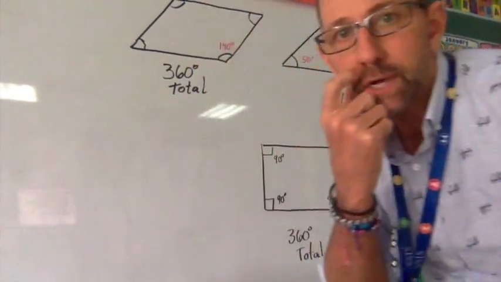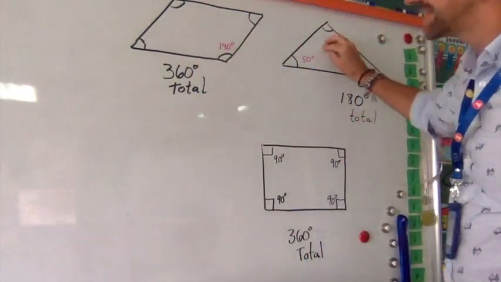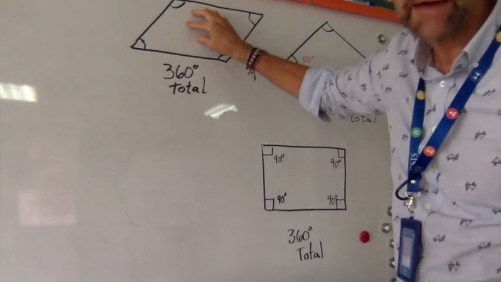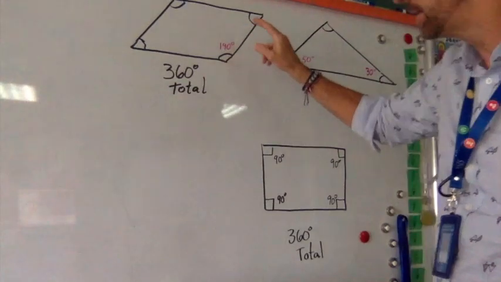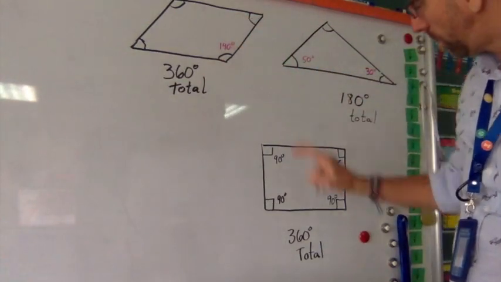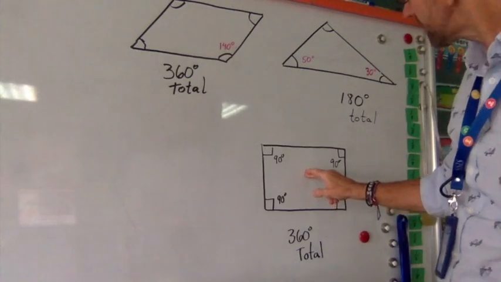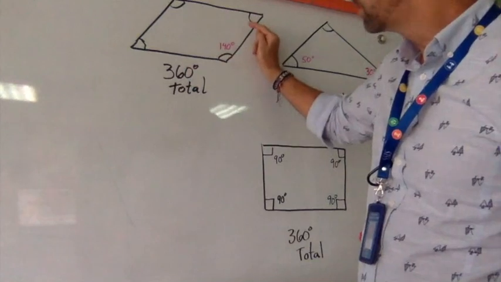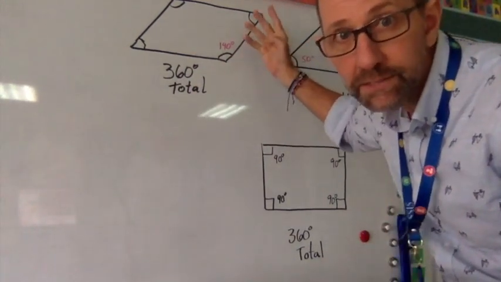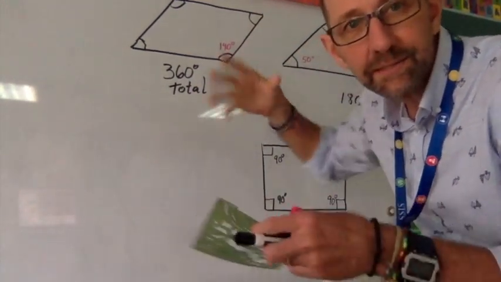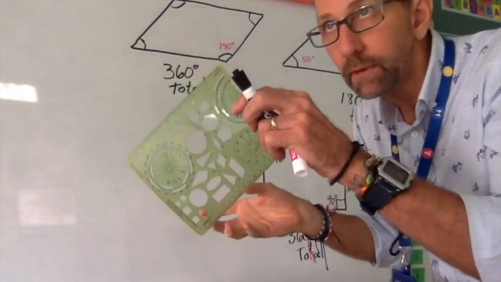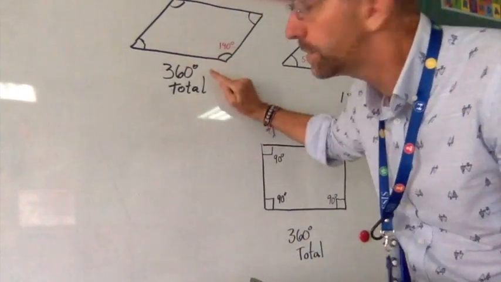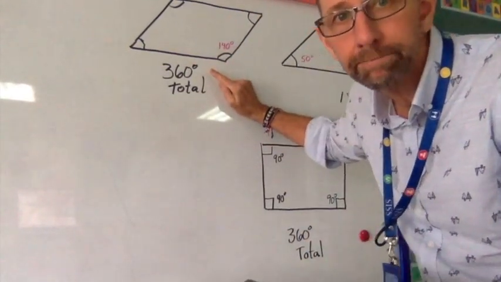And what we're going to do is we're going to talk about, this time, angles inside of a shape, inside of a triangle, or inside of a quadrilateral with something with 4 sides, like this parallelogram, or this rectangle down here. Now, as long as we remember that all of the angles inside of a quadrilateral, no matter how it's shaped, all of the angles inside are going to equal 360, just like in a circle.